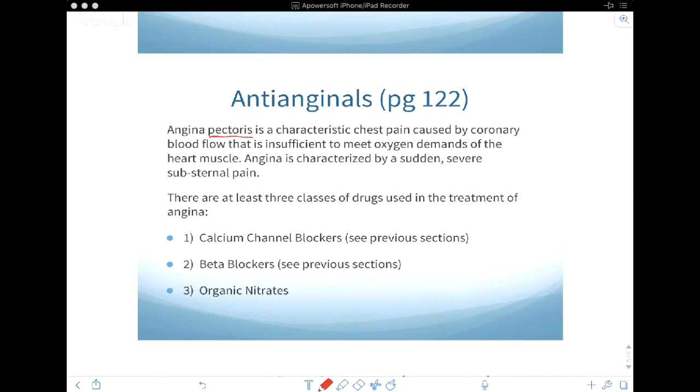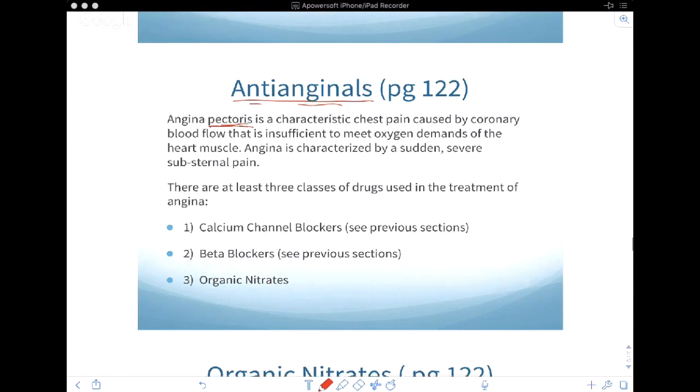So pectoris is going to be your chest muscles, and angina is going to be pain. So antianginals, however you want to say it, is anti, so not pain in the chest. There are at least 3 classes of drugs used in the treatment of angina.